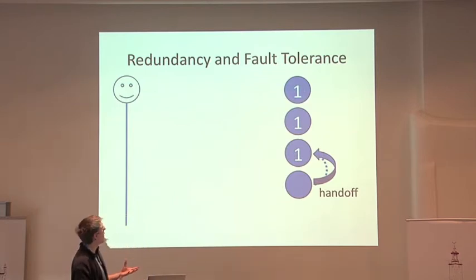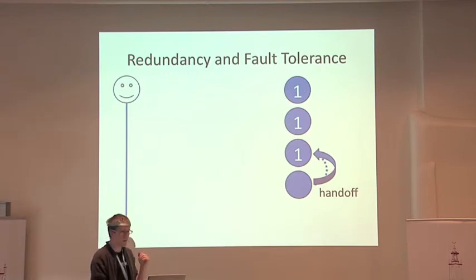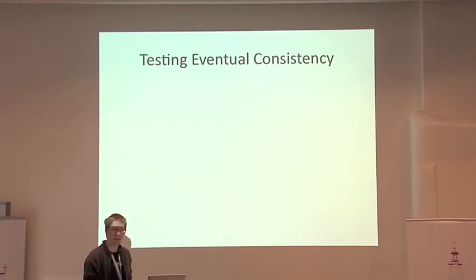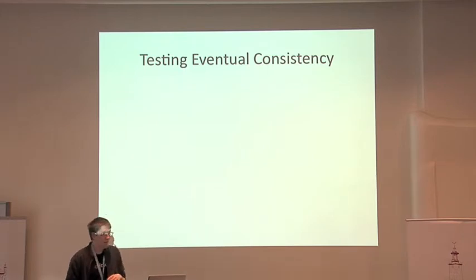Okay, so how should we test this? Well, you don't want to go out and find a huge cluster of machines and start taking them down at random points in time, because that's not really going to work. So what we did was pull out the logic and test that logic in isolation.